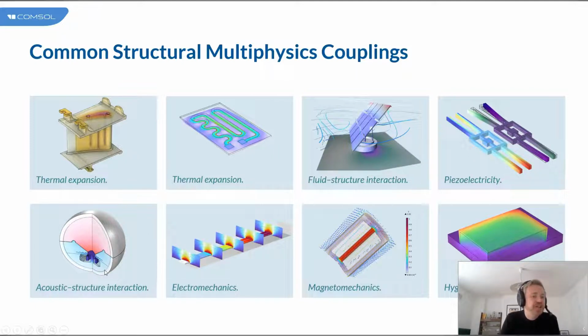So this is looking at the sound that's generated by mechanical vibrations. This could be looking at machinery noise or looking at loudspeakers, for example. We have things like electromechanics and magnetomechanics, and one that I haven't mentioned yet, which is hygroscopic swelling. So this is looking at moisture content and how that will cause a structure to expand.